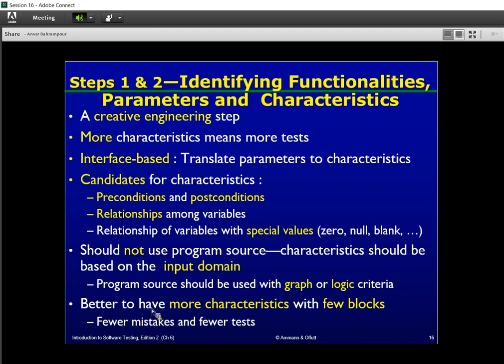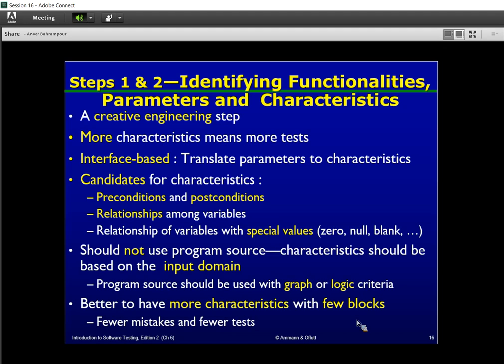This item says that it's better to have more characteristics with few blocks, because when we have more characteristics with more blocks, we should define more tests. In the best situation we should define all combinations of all blocks, and that could be impossible for big programs.